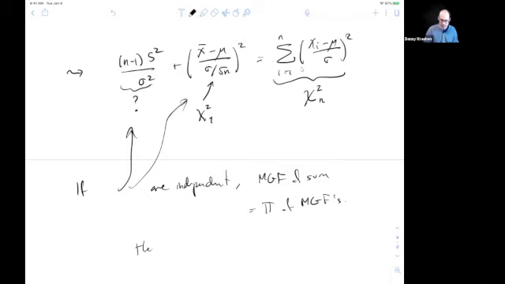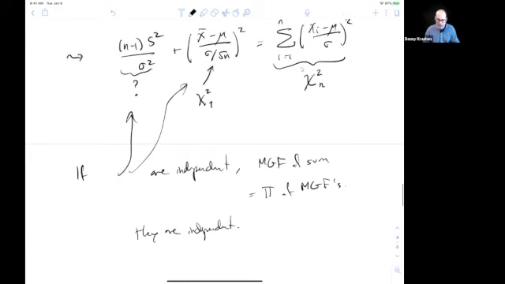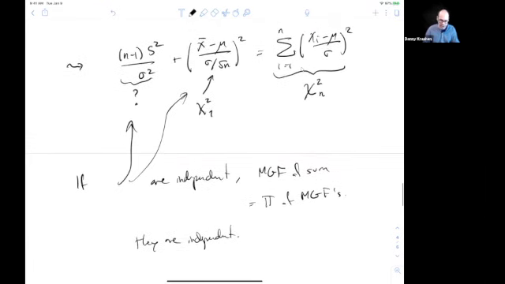They are independent, but that requires a little bit of extra work, and I'm just going to skip that for now. Okay, so I'm just going to use the fact that they're independent, and let's call this random variable over here that we're trying to figure out, I don't know, y.